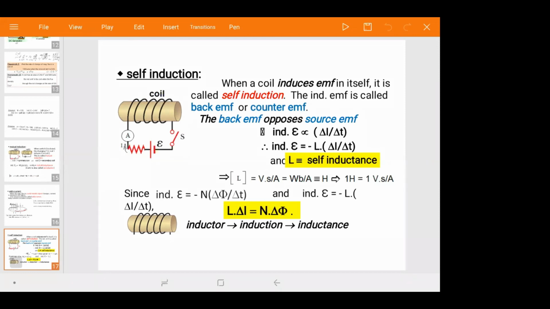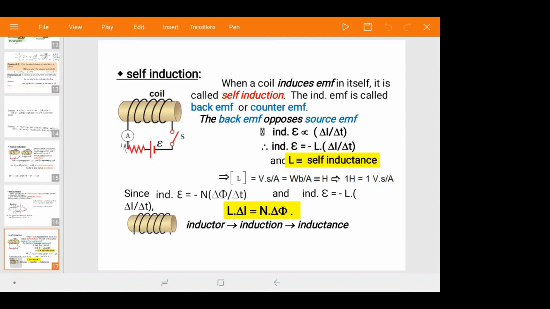So if you turn on and off the switch, there will be a continuous change of flux and a continuous induced EMF. The induced EMF is directly proportional then to the rate of change of current of the battery. That is the turning on and off the switch.